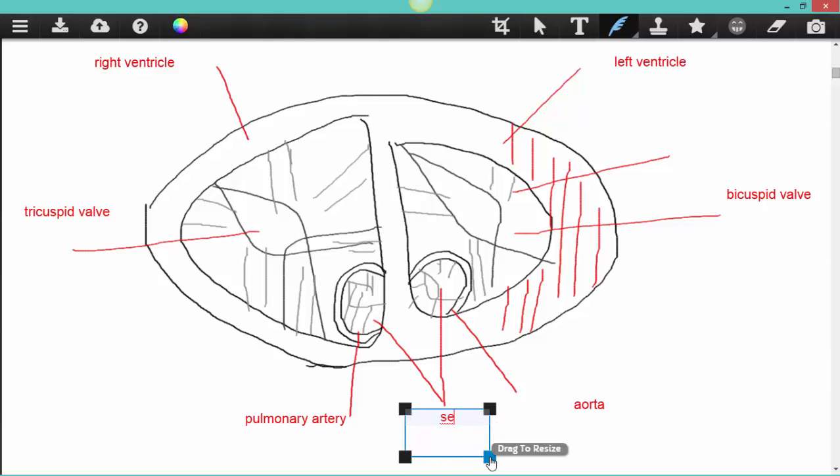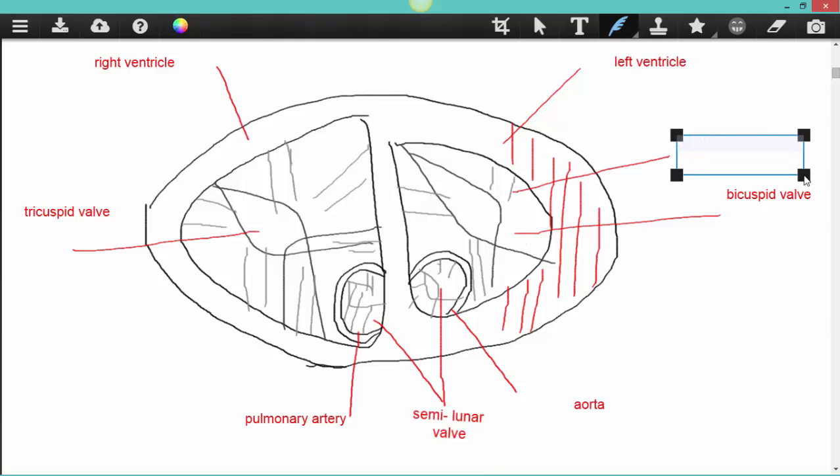These are the semilunar valves. And these lines here, which you can see, are chordae tendineae. These are tendons that control the movement of bicuspid, tricuspid, and semilunar valves.